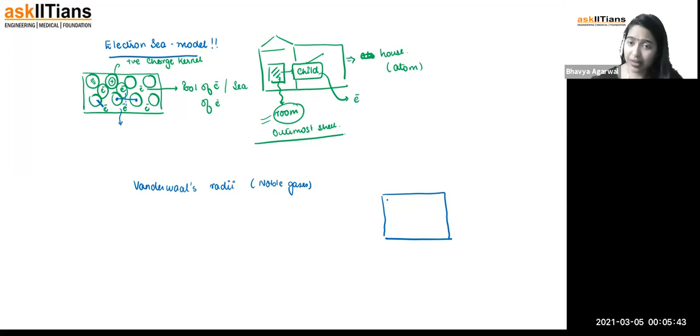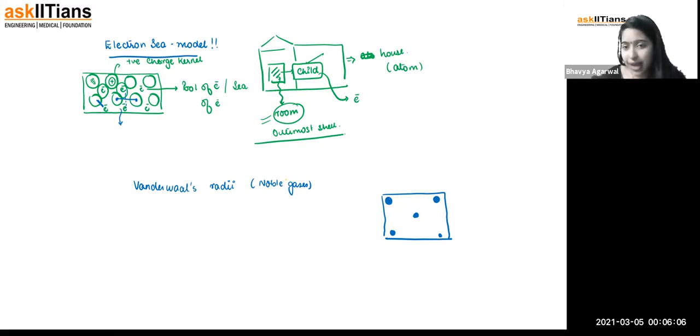And since they are gaseous atoms, they are anyway very far apart. Now there would be less force of attraction, but that doesn't mean there is no force of attraction. There is a force of attraction, though very minimal.